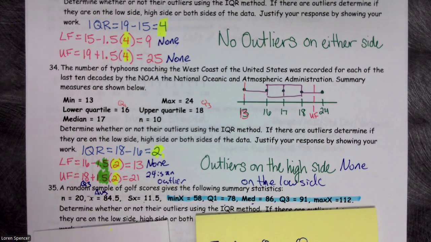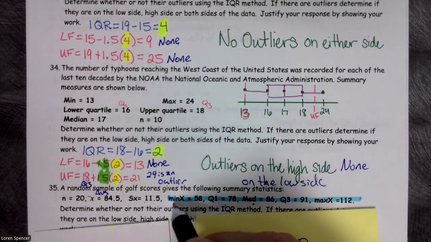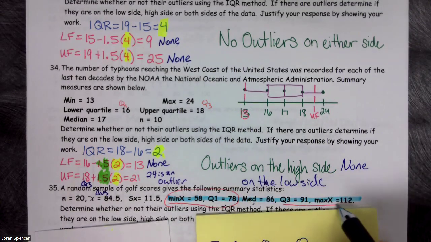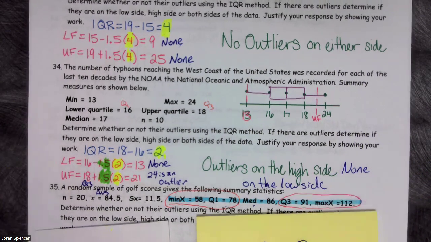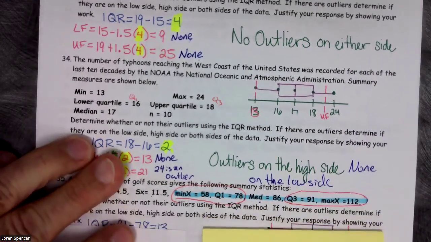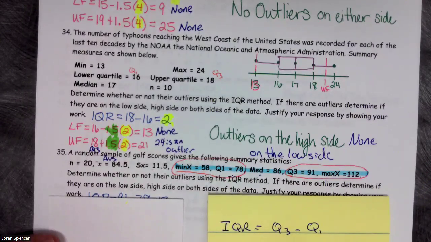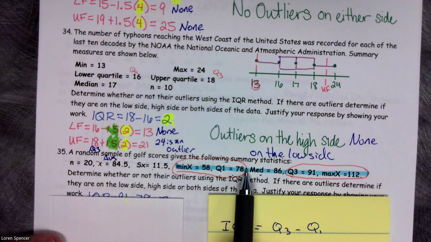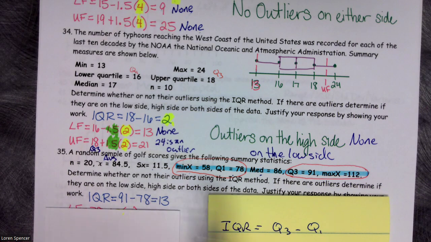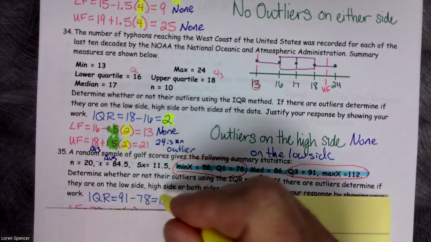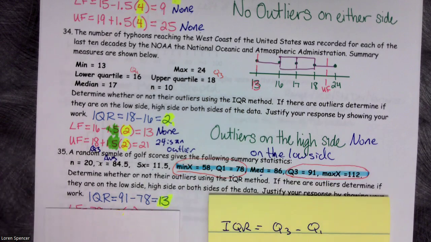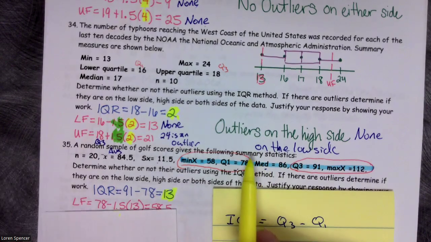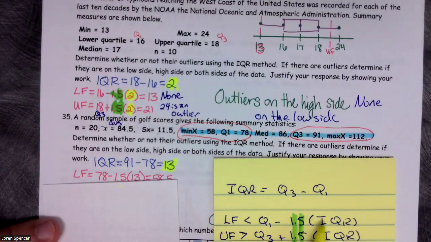Now, what we need in order to determine outliers are these values. Okay, so again, determine whether they're outliers using the IQR method. So Q3 minus Q1. So 91 minus 78 gives me an IQR of 13. My lower fence is going to be Q1 of 78 minus 1.5.